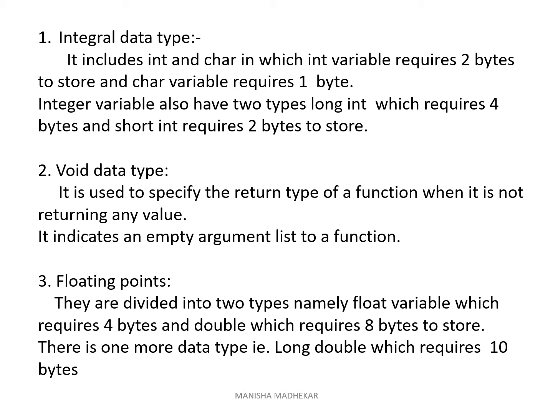It indicates an empty argument list to a function. Floating point types are divided into two types, namely float which requires 4 bytes and double which requires 8 bytes to store. There is one more data type, that is long double, which requires 10 bytes.